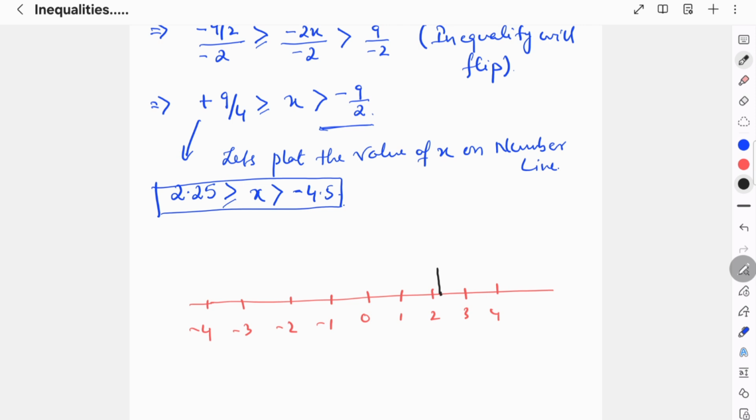So our x is lying in between negative 4.5 and 2.25. So let's mark the position of x on this number line.